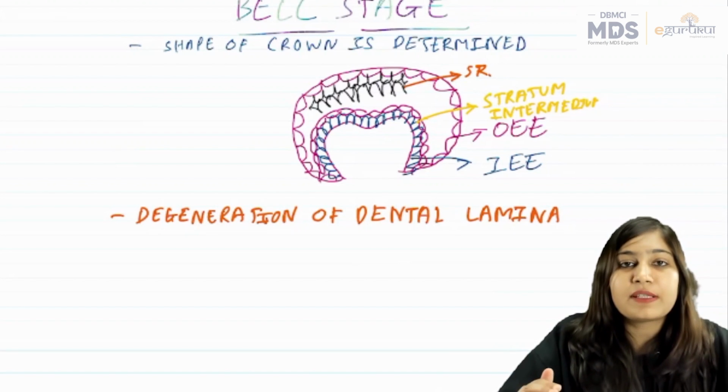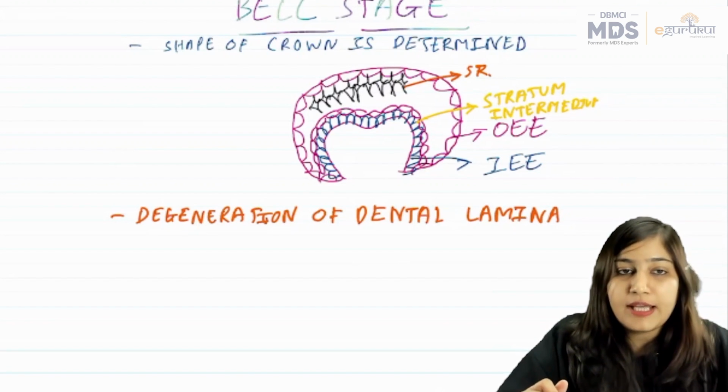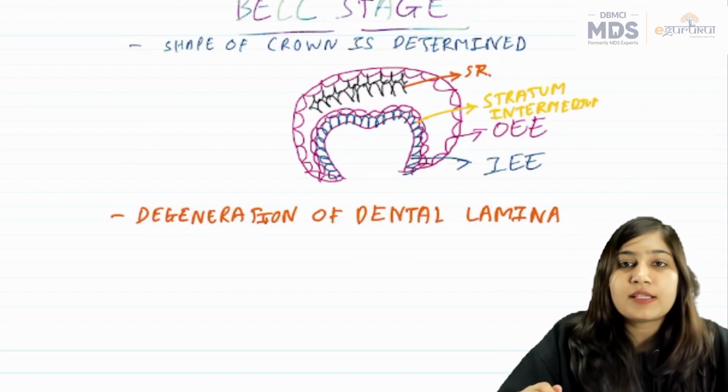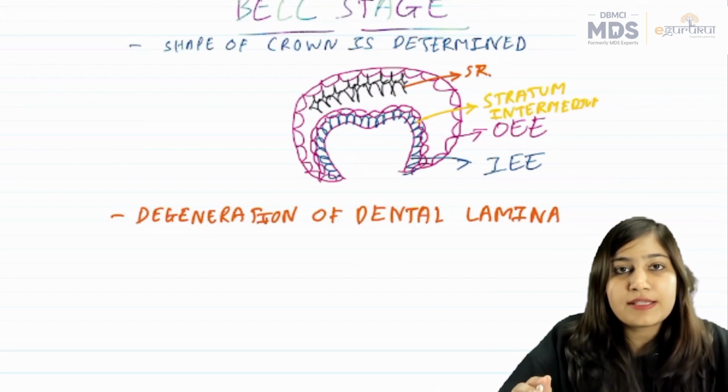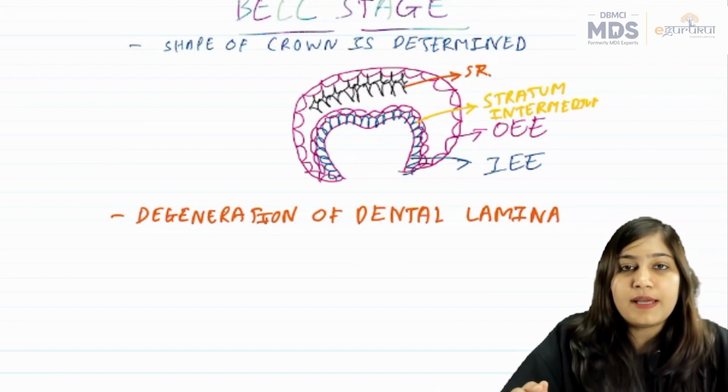We know the functions of the other cells. Inner enamel epithelium is involved in formation of the enamel. Stratum intermedium is a flattened cell layer just above the inner enamel epithelium.